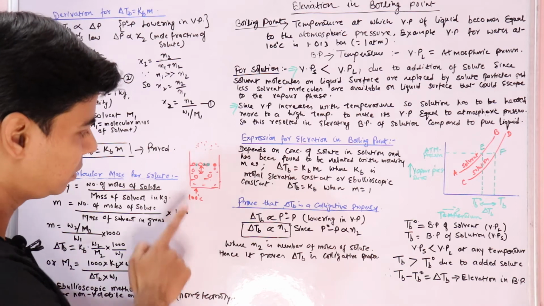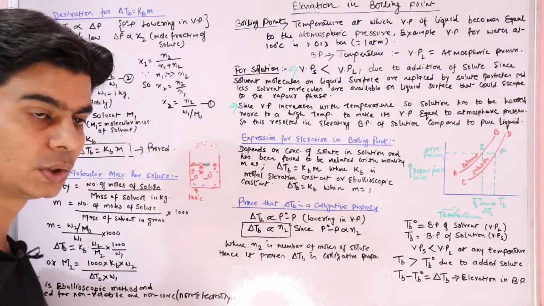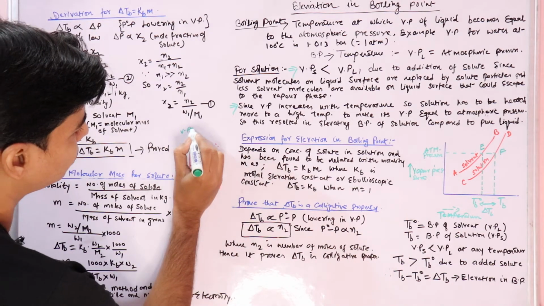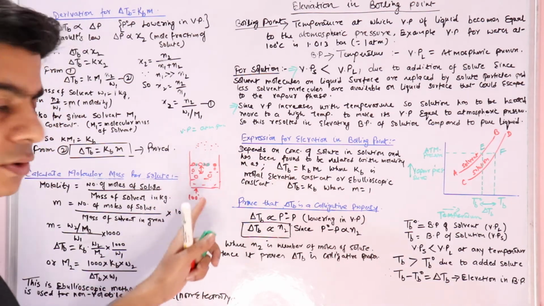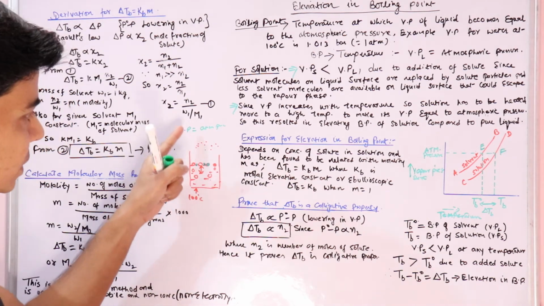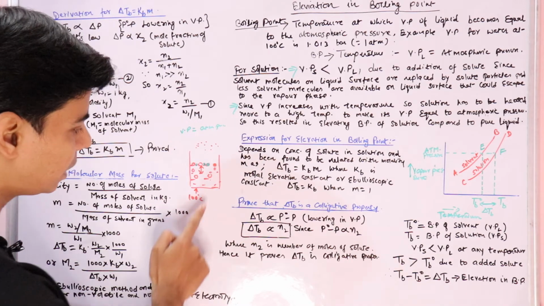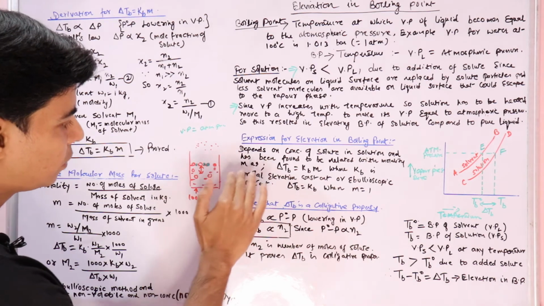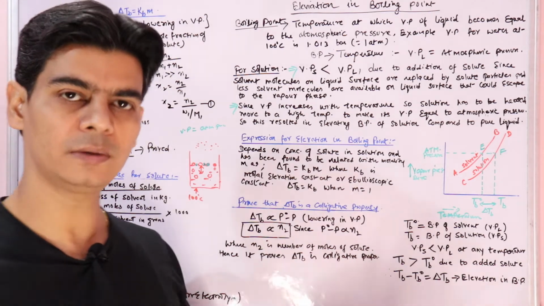Now since we know that water boils when the vapor pressure becomes equal to the atmospheric pressure: in the case of pure water, the vapor pressure becomes equal to the atmospheric pressure at 100 degrees Celsius, because there were no solute particles, so all liquid molecules could escape into the vapor phase to build the vapor pressure.